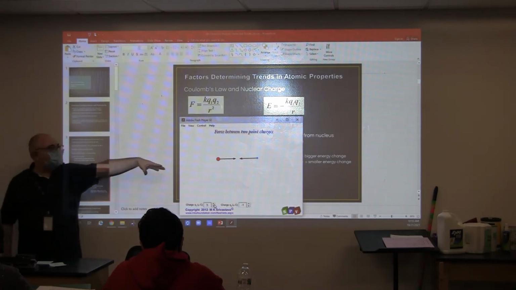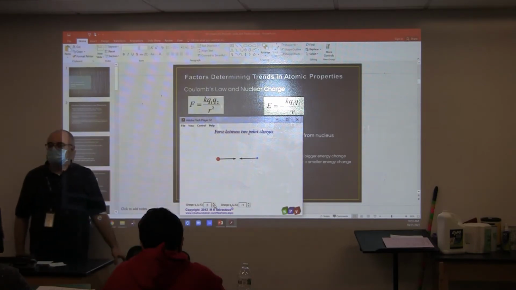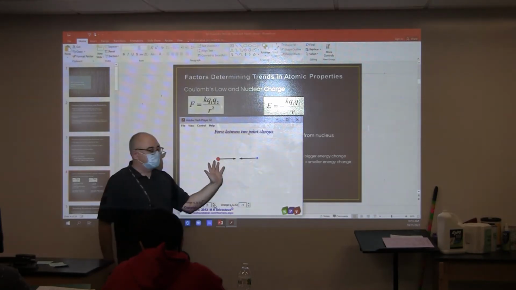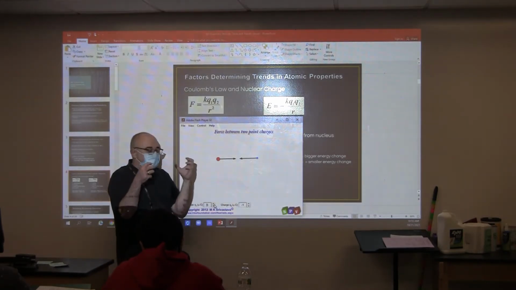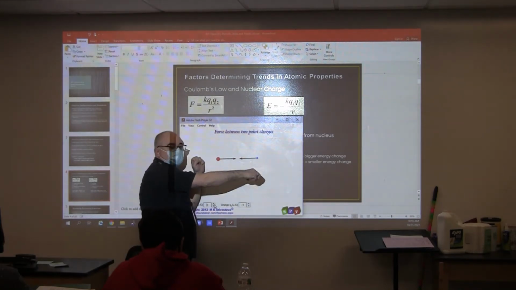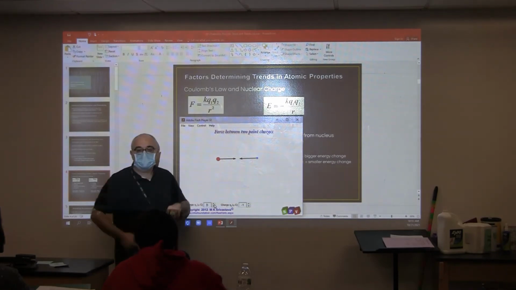Really important you know how charge and distance influence this. Yes? And in terms of energy, we can make similar arguments. As I increase the charge, the energy of attraction, the energy it would take to separate them, goes up. It's harder to pull them apart if they're attracting more strongly. Does that make sense? Okay?